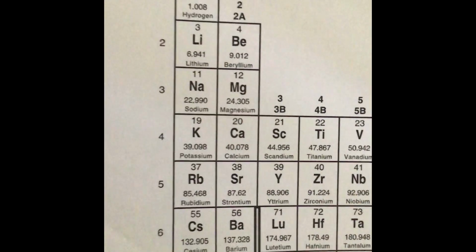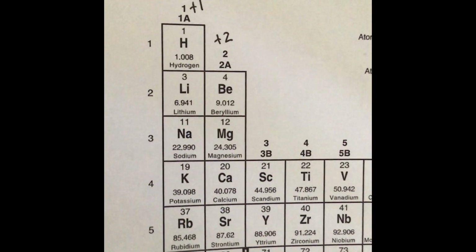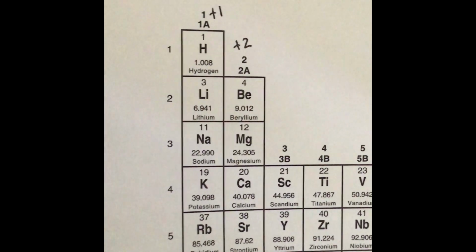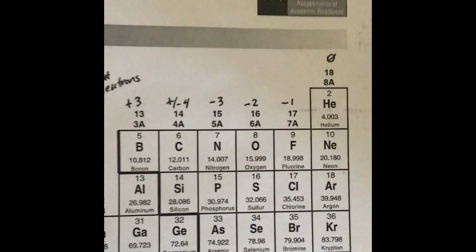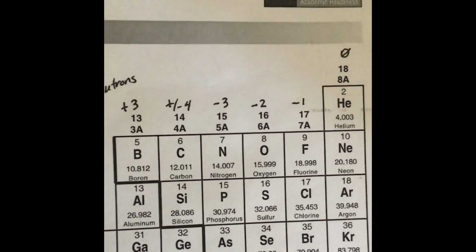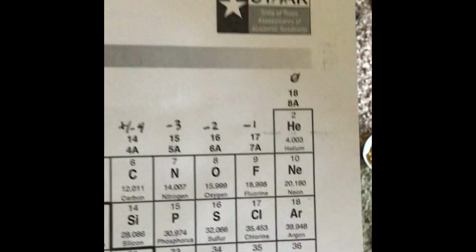So one of the main things you want to get out of this is metals lose electrons to form positive ions. Nonmetals gain electrons and form negative ions. Okay? That's a big picture kind of thing, big idea. Make sure you wrap your brain around that.